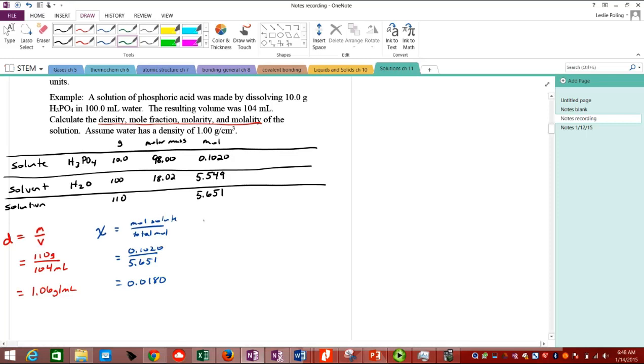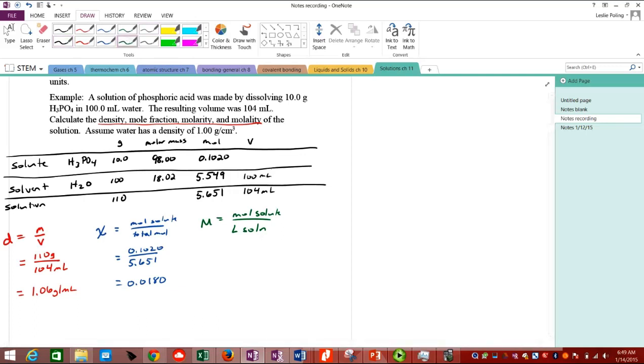Next, we need molarity. Molarity is moles of solute over liters of solution. So you know what? Let's put volume in our chart because we've needed that we have 104 milliliters of our solution more than once, and we would have 100 milliliters of water.